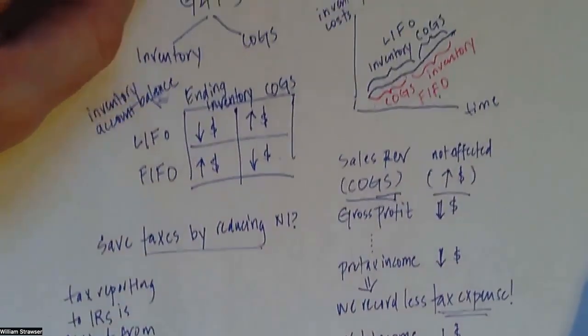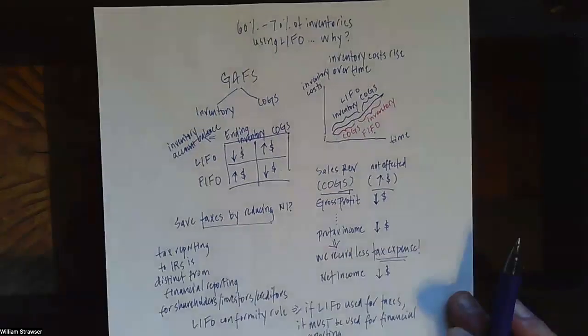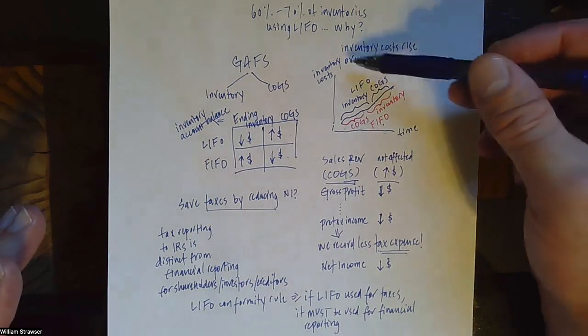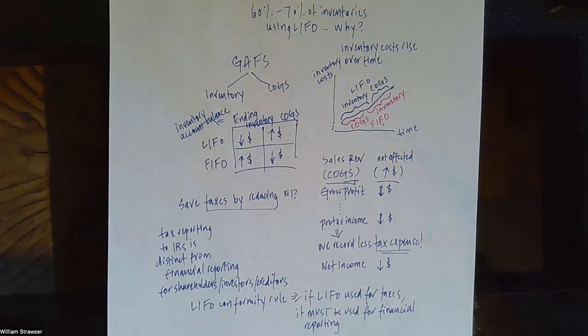But because of these reasons, companies predominantly, not as an exclusive rule, right? It's not 100%, but 60 to 70% of all inventories are kept using LIFO. And it has that appeal. The FASB tried to get rid of LIFO, and companies lobbied heavily against its removal.